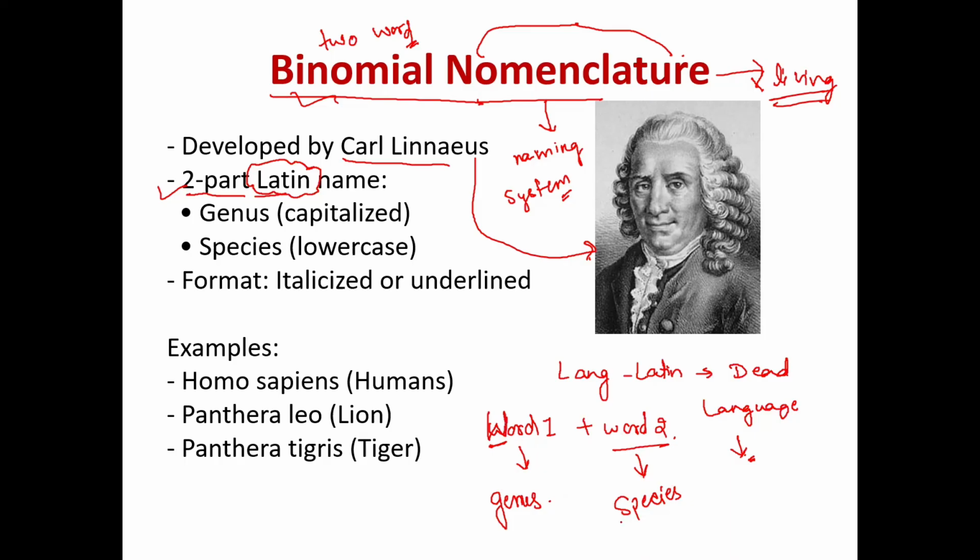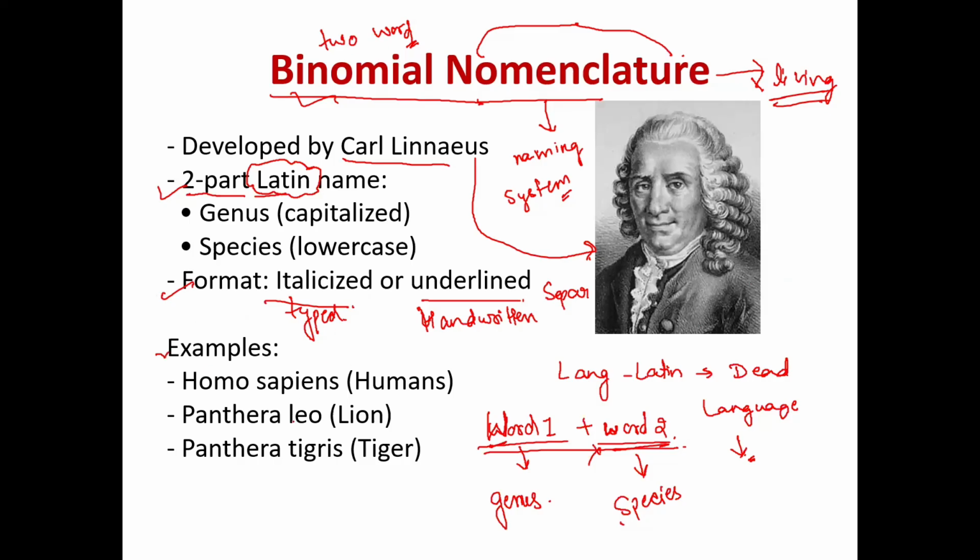The first letter of the species must be lowercase. As for format, if it is typed, it is always written in italics, but if it is handwritten on paper, the two words are underlined separately, not like this, like this. Separately.